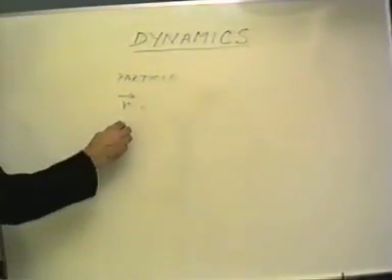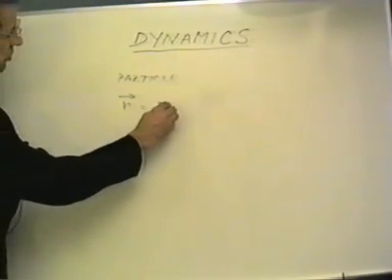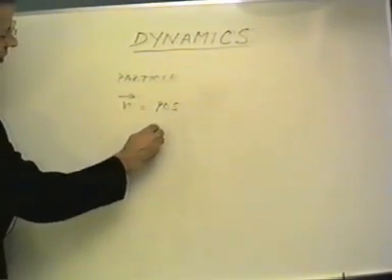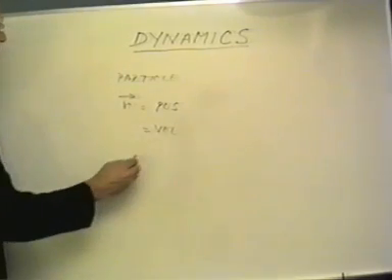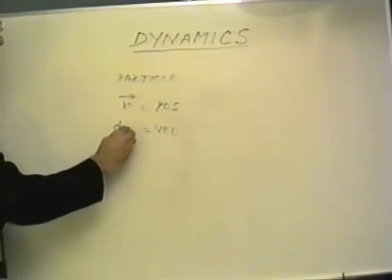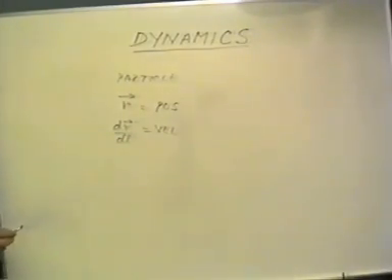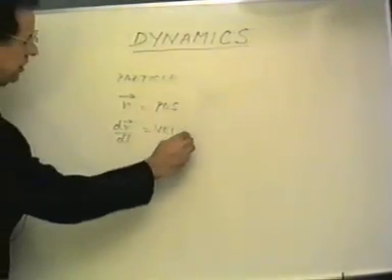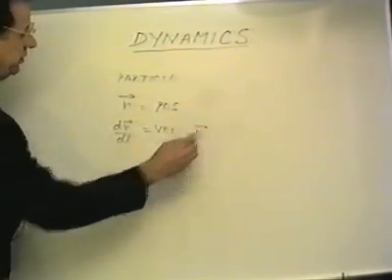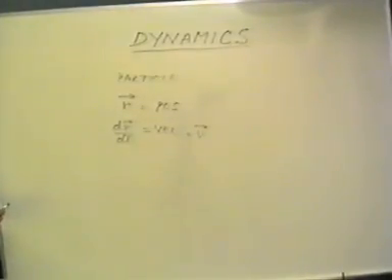If R is the position, then the velocity of that particle is given by the derivative of R with respect to time. And this is simply written as a new vector v for velocity.